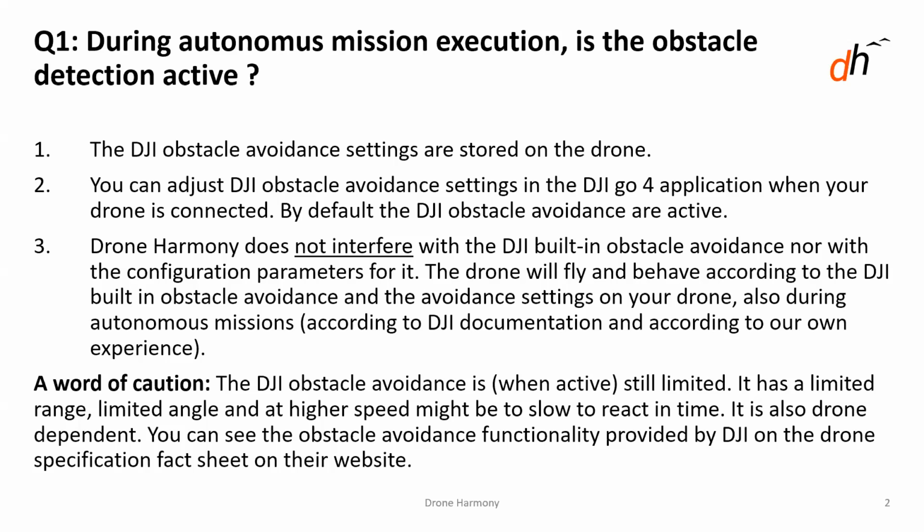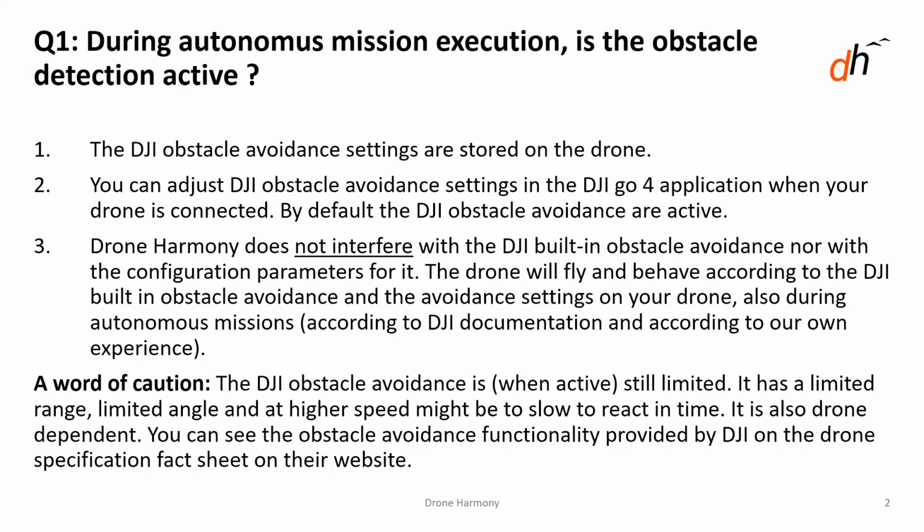But there is another very important layer of obstacle avoidance available on most commercial drones, in particular on the DJI drones. And this is what I would like to touch upon in this question. How does the DJI obstacle avoidance work when working with Drone Harmony? There are several things to note. The DJI obstacle avoidance settings are stored on the drone. That's not something that you store within the mobile application.